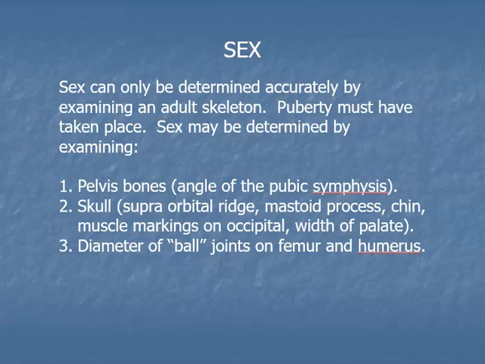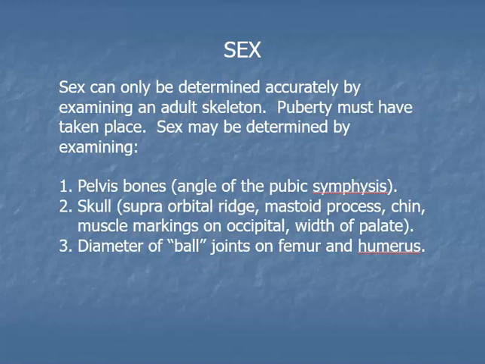The supraorbital ridge over the eyes doesn't exist for females, but it is present for males. You might see the chin being very pointed for females and very blunt for males. Also, muscle markings on the occipital bone, where the backbone of the head or the neck joins. You have heavier muscle markings for males.